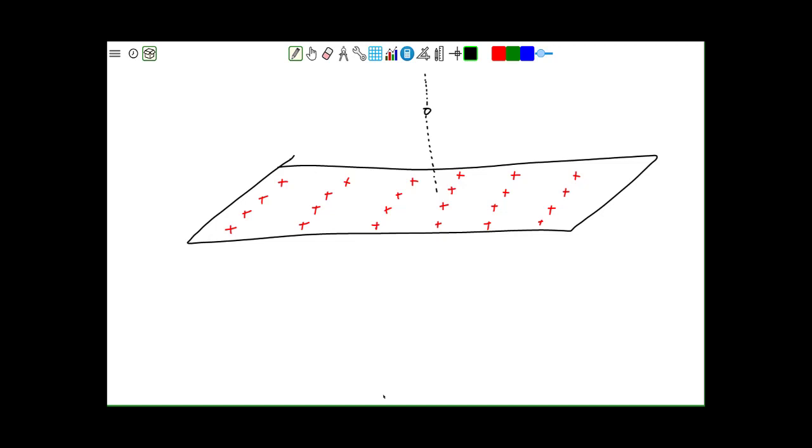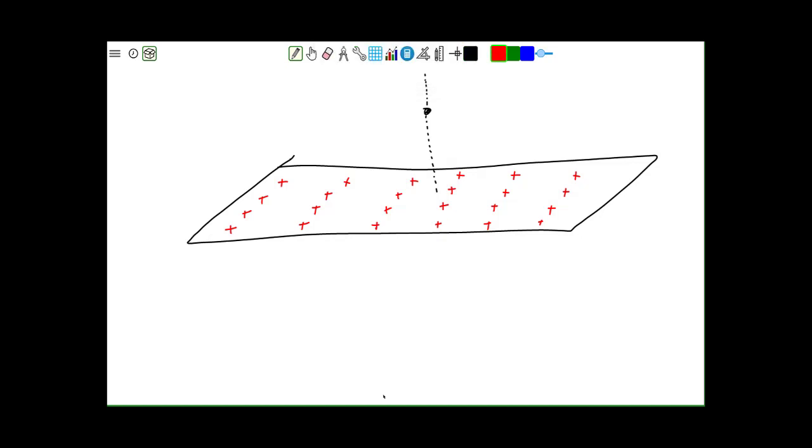Now, for this very long plane of charge, similar to a line of charge, there is always going to be a mirror charge on both sides of this axis on which the point in space lies.